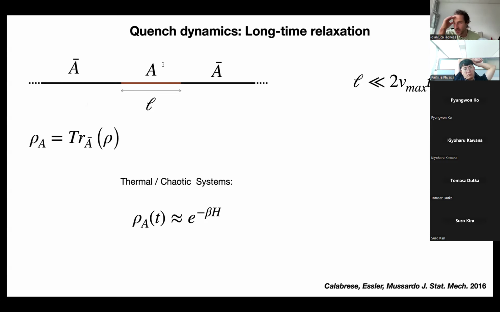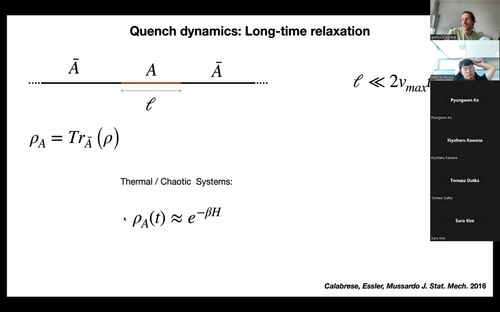And there are two main kinds of systems. There are also other ones, but I just want to say that there are two main outcomes. One is this thermal chaotic system, where locally your reduced density matrix behaves like a thermal density matrix.